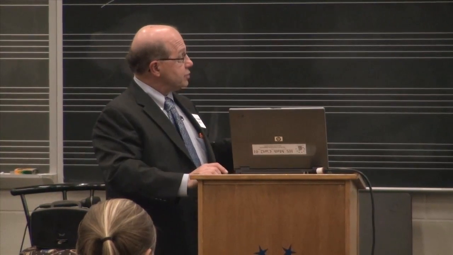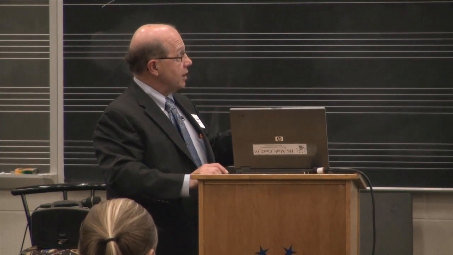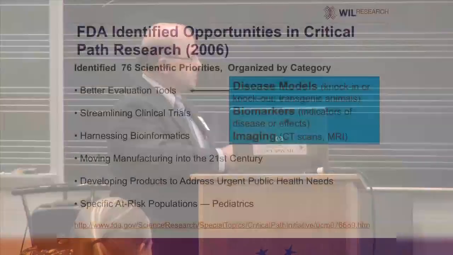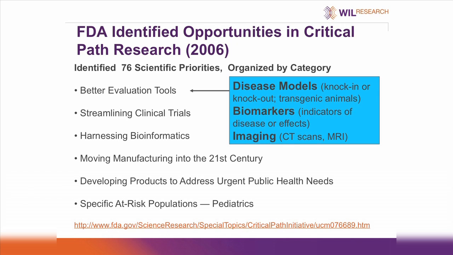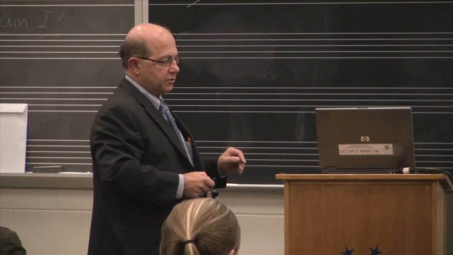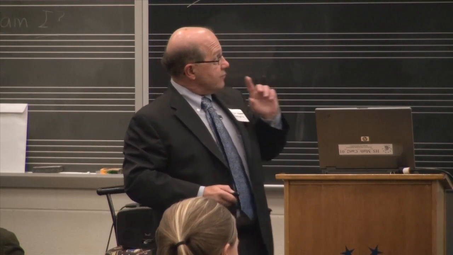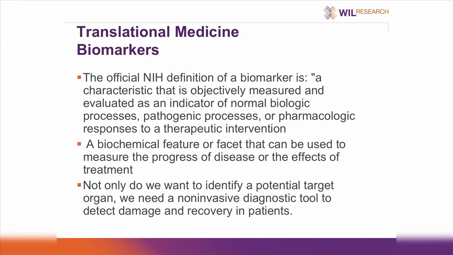If you're interested in all the machinations about the Critical Path Initiative, there's a website here you can check out, or you can just Google FDA Critical Path, and it'll take you there. I've used the term biomarkers, and so I wanted to give you some idea of what. Here's the NIH definition of it. It's a biochemical feature or facet that can be used to measure the progress of a disease or the effects of the treatment.